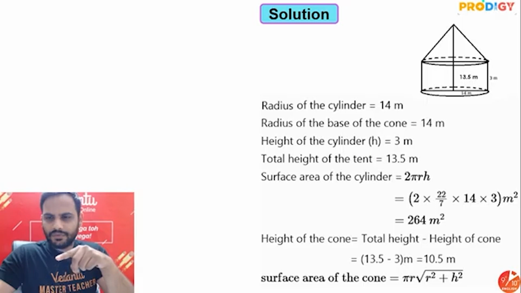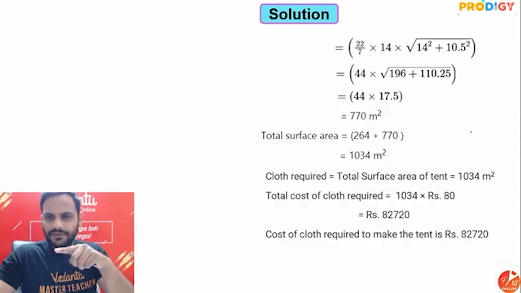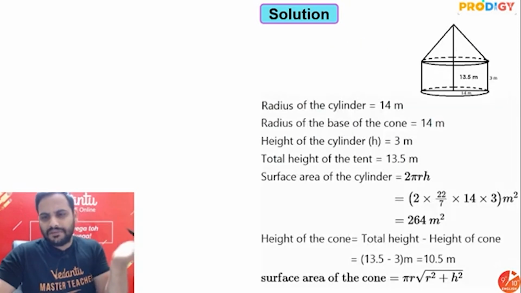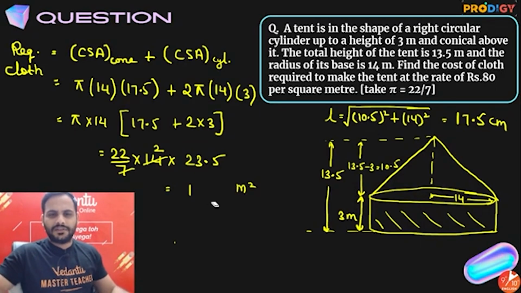Okay, so 2 pi R H is 264, and here 17.5 is pi R L. So maybe I'm making some mistake over here in the calculation.